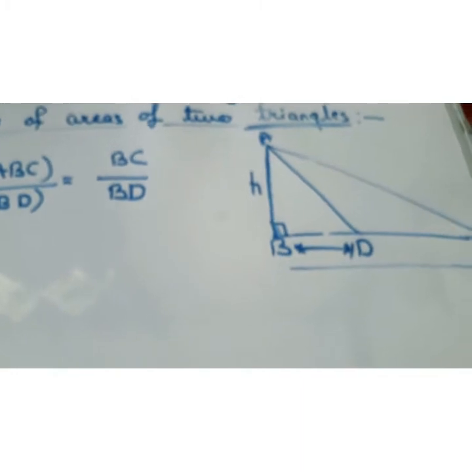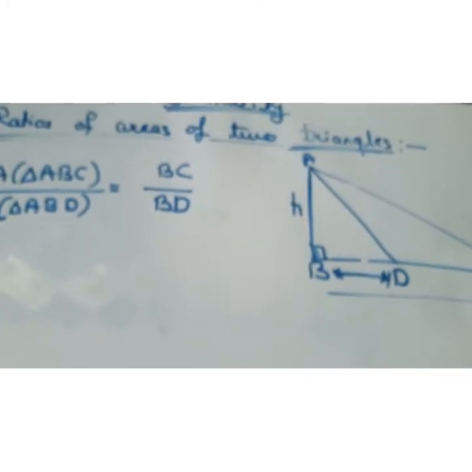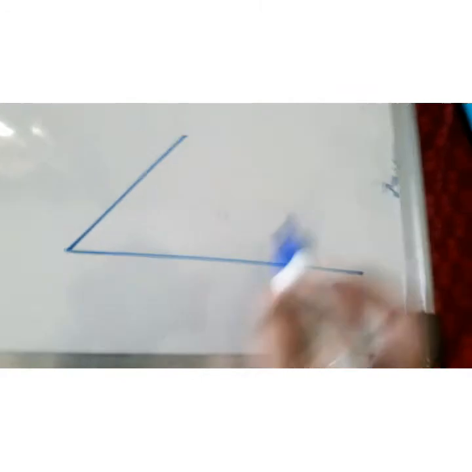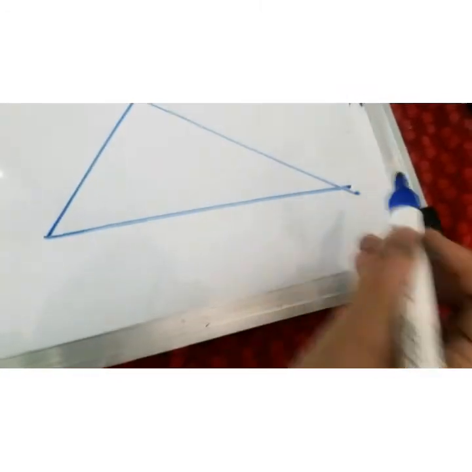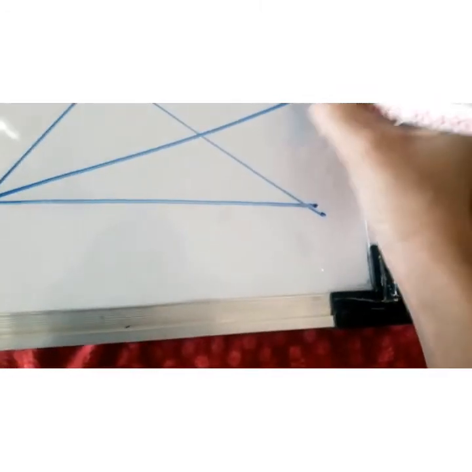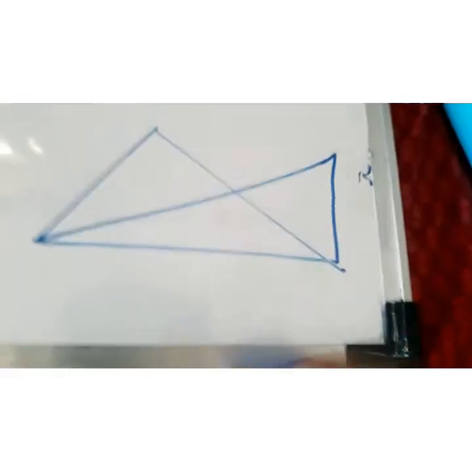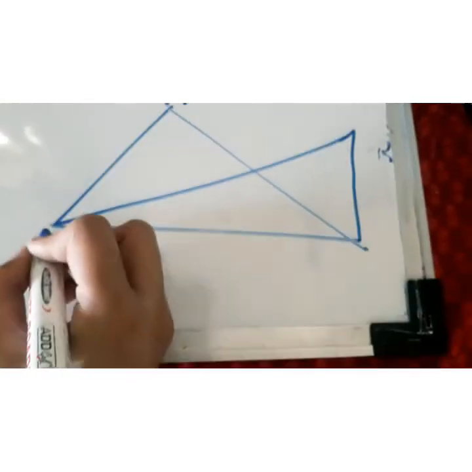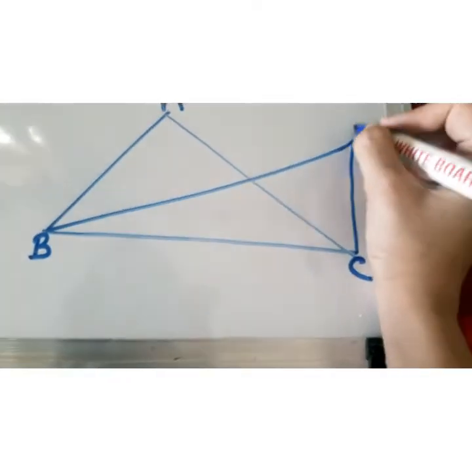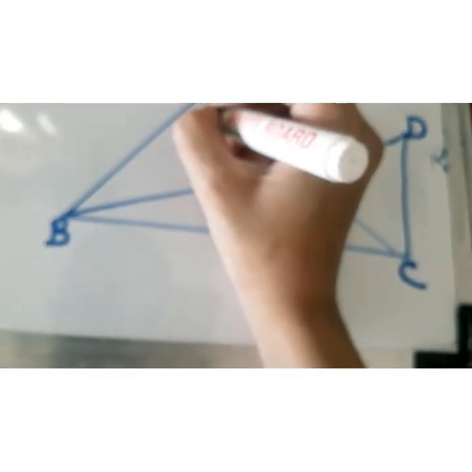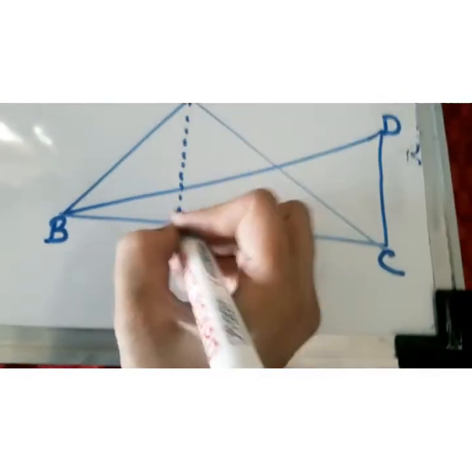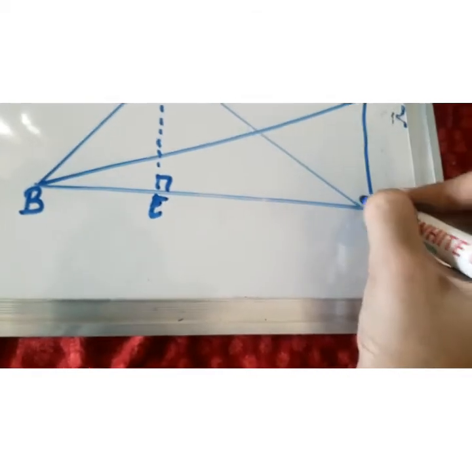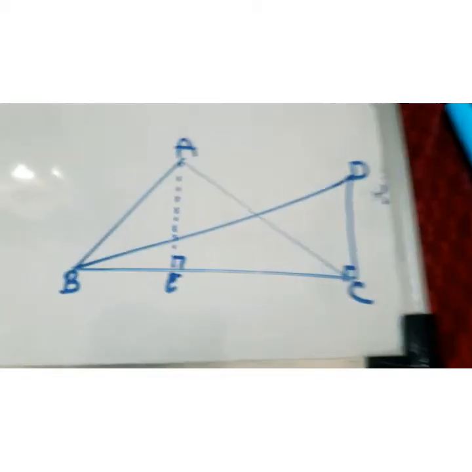Now if we have triangles in which the base is the same, let's draw one more figure in which the base of two triangles is the same. Suppose I have a triangle like this. Suppose this is our figure ABCD, and this is the height AE of one triangle, and DC is the height of the other triangle.